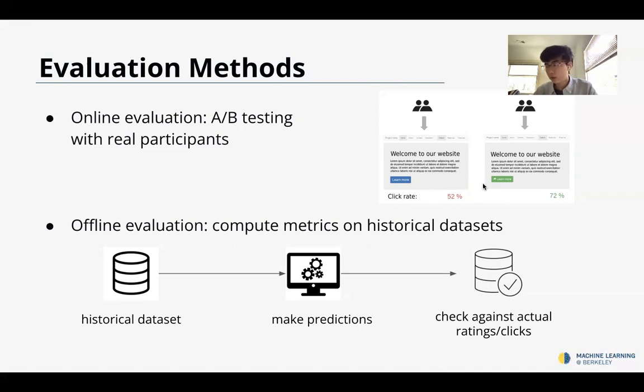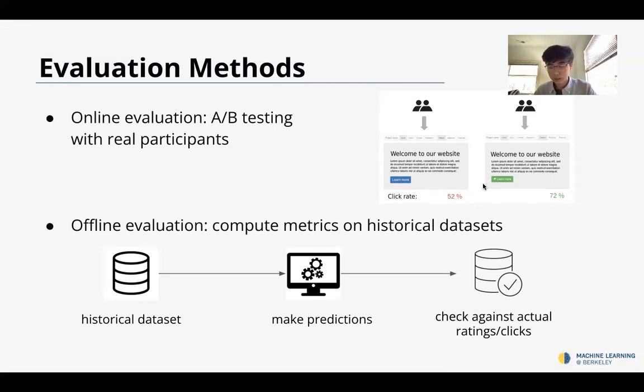Then you can determine whether your new system works better than the old system by computing statistics on this feedback, right? There are ways to determine if there's a statistically significant difference in the performance of your new model. For offline evaluation, you usually have a historical data set, and you hold out a portion of that data set.